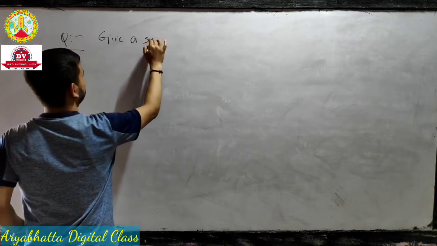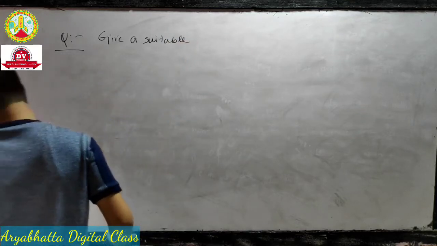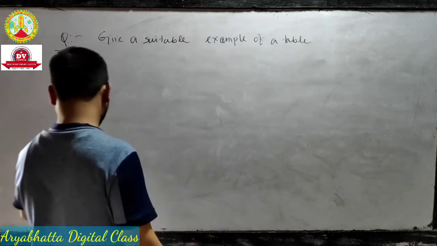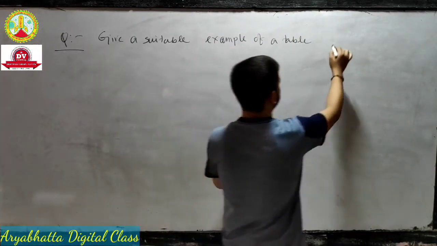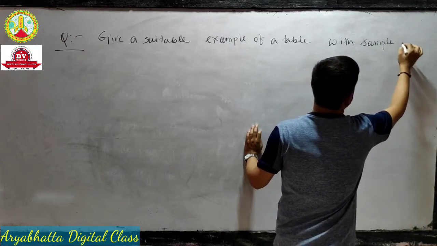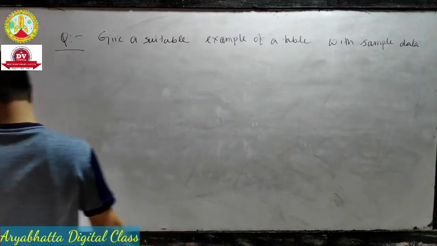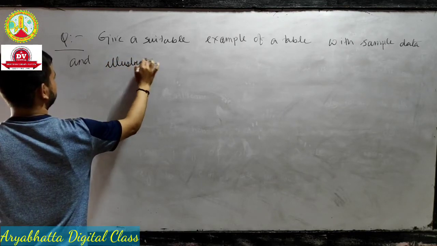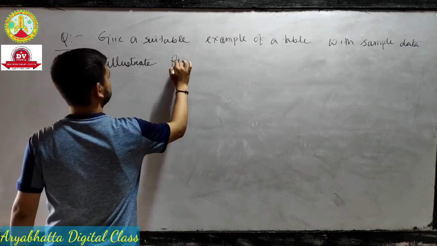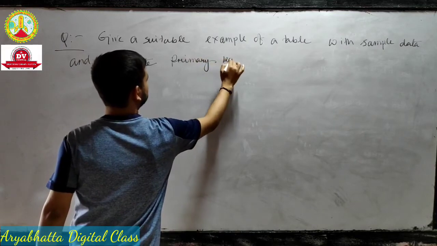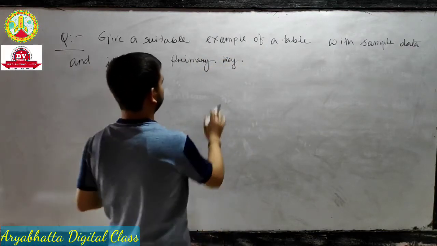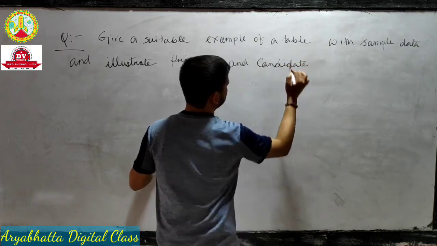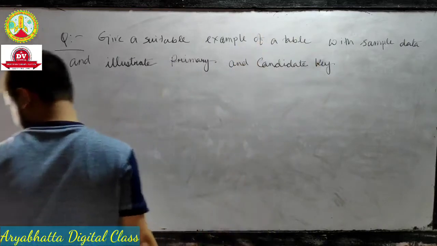So I write a question: give a suitable example of a table with sample data and illustrate primary and candidate key in it.